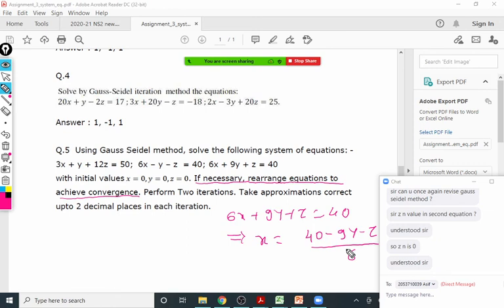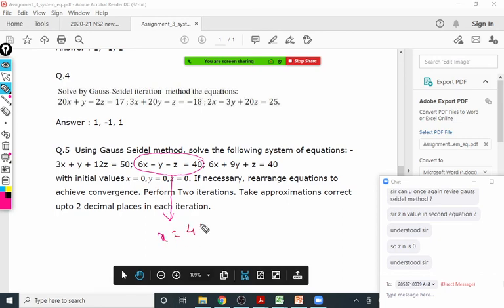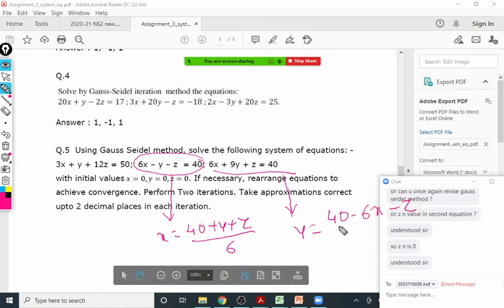You are correct. Because here the coefficient of x is larger as compared to y and z, and here the coefficient of y is larger than x and z. So this should be for x, and you get x equal to 40 plus y plus z upon 6. And for y, you get y equal to 40 minus 6x minus z upon 9.